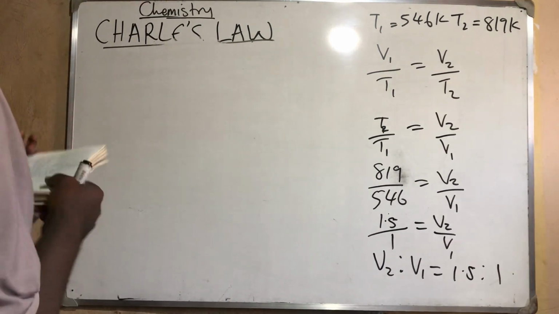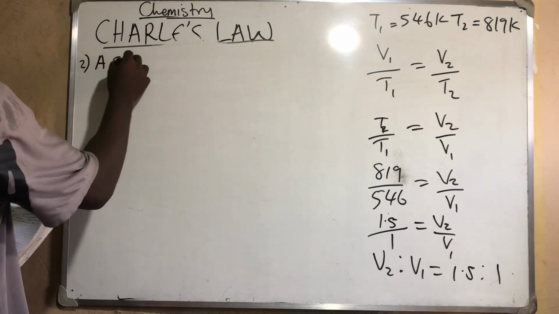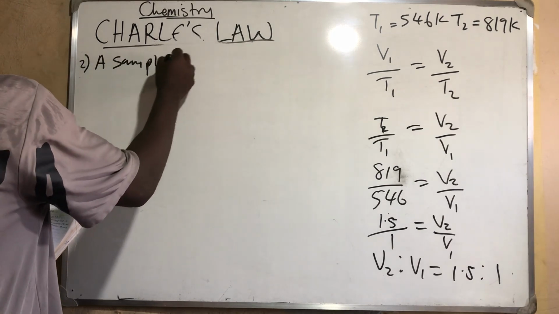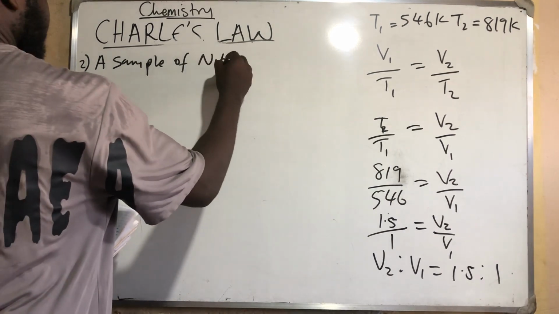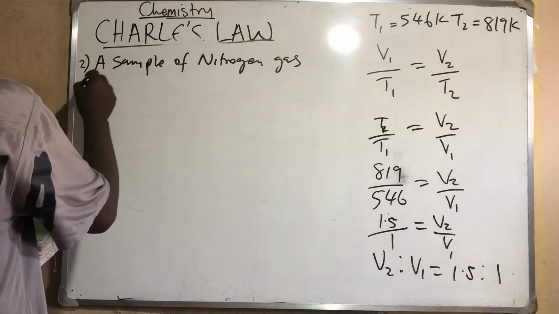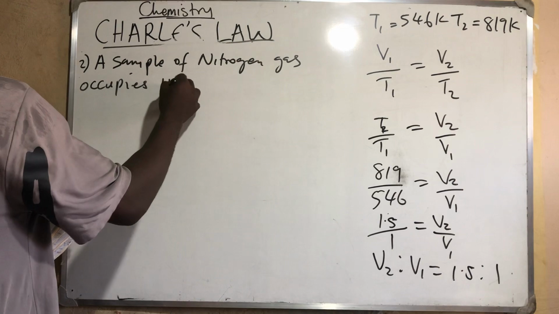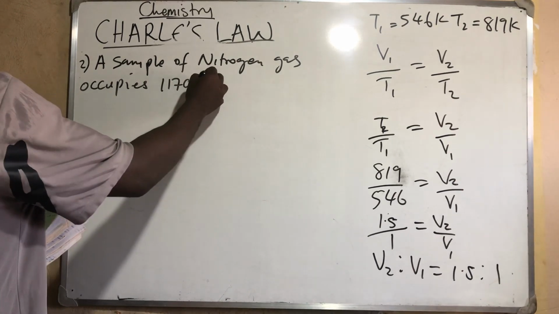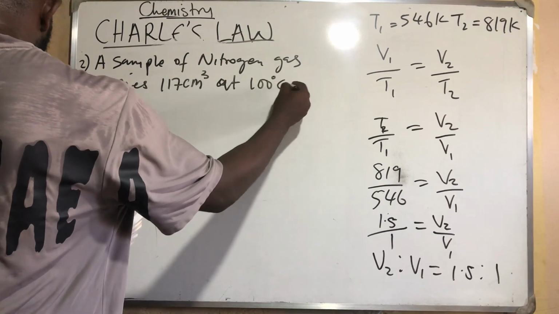The next question said, number 2, a sample of nitrogen gas occupies 117 cm cube at 100 degrees Celsius.